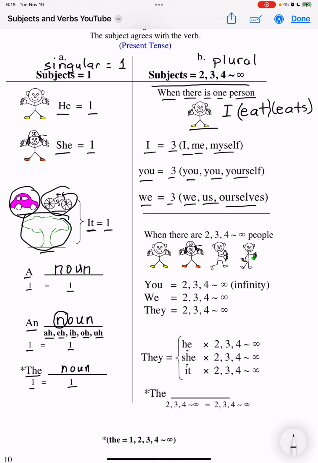Well, I is special. So I equals 3 because of I, me, myself. All of these, they're 3 words, but they identify one person. Then eat has no S at the end, so it's going to be plural. So that's going to be 2, 3 to infinity.